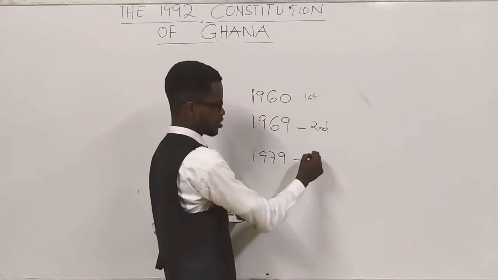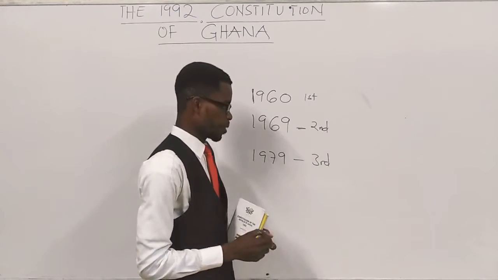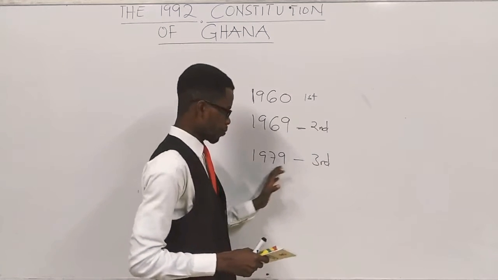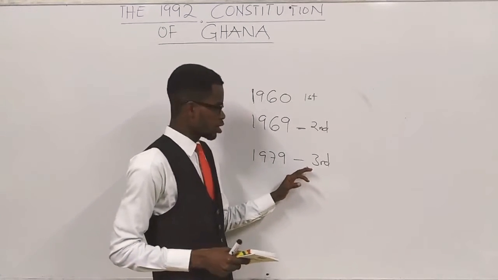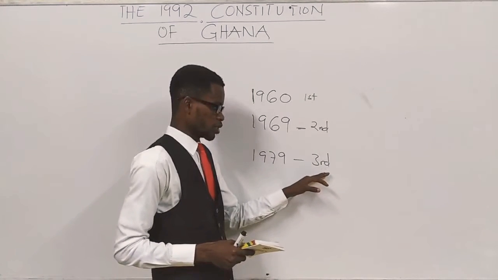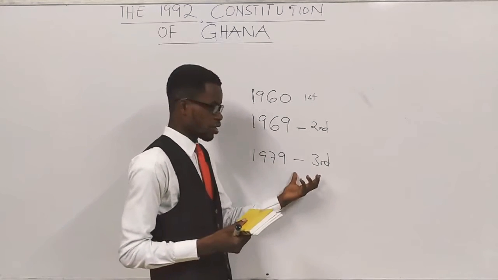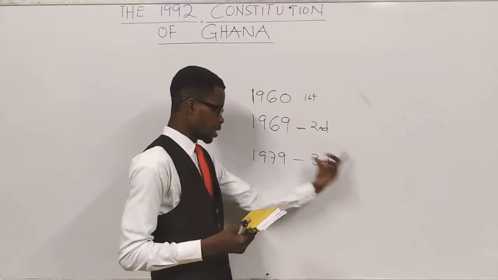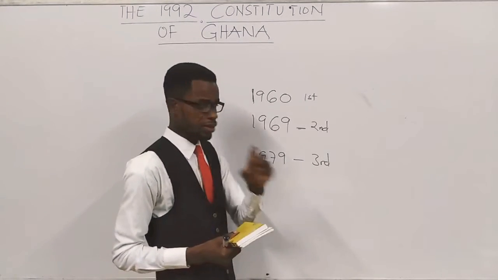Then 1979 marked the establishment of the Third Republican Constitution. It was a military leader, Flight Lieutenant Jerry Rawlings, the late, who did the coup, but he gave the opportunity to someone as a civilian to serve. That person formed that civilian government, Dr. Hilla Limann.